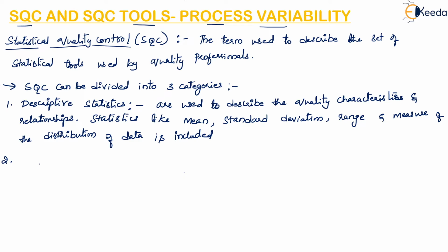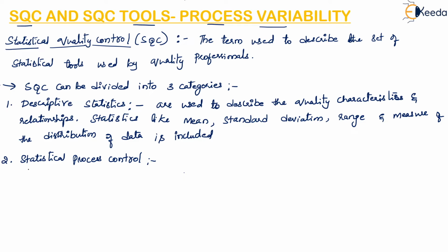The next category is the statistical process control. So, statistical process control involves inspecting a random sample of the output from the process and deciding whether the process is producing product with characteristics that fall within a predetermined range.